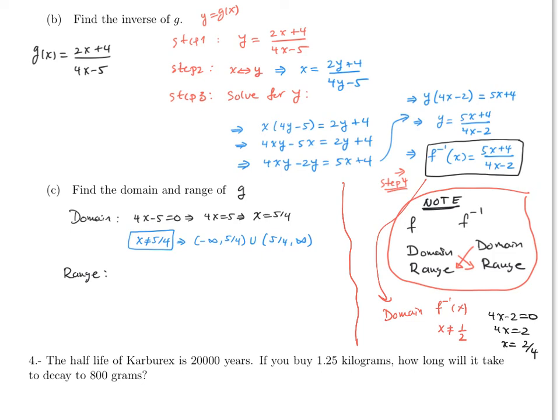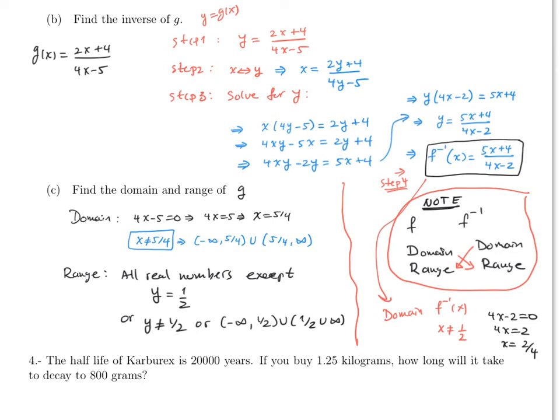So therefore the range, you can say all real numbers except for y equals 1/2, or you can just simply write y is not equal to 1/2, or you can use the interval notation minus infinity to 1/2 or 1/2 to infinity. Okay, either way is fine.